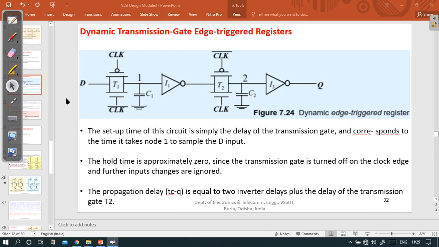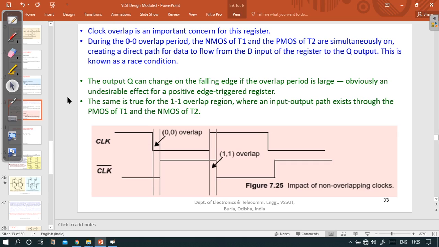So we will move further, and let's see the problem. One of the problems related to the clock is when we are using clock and clock bar both in the circuit.